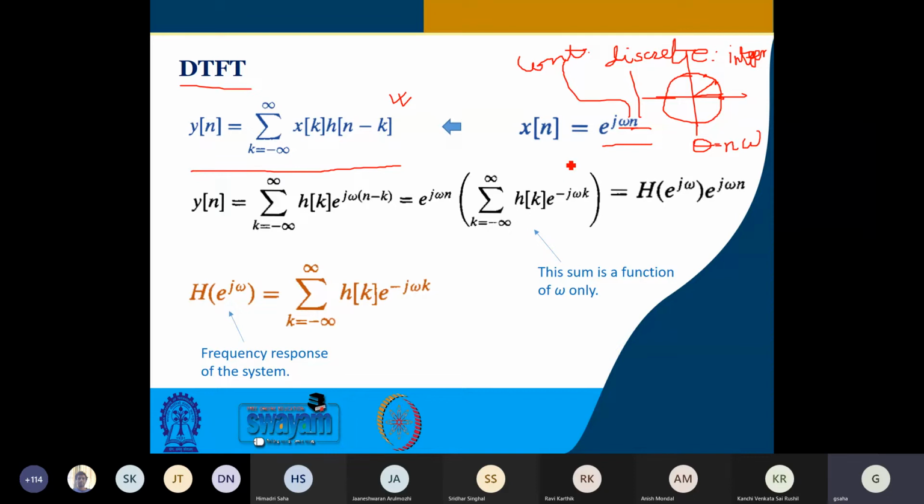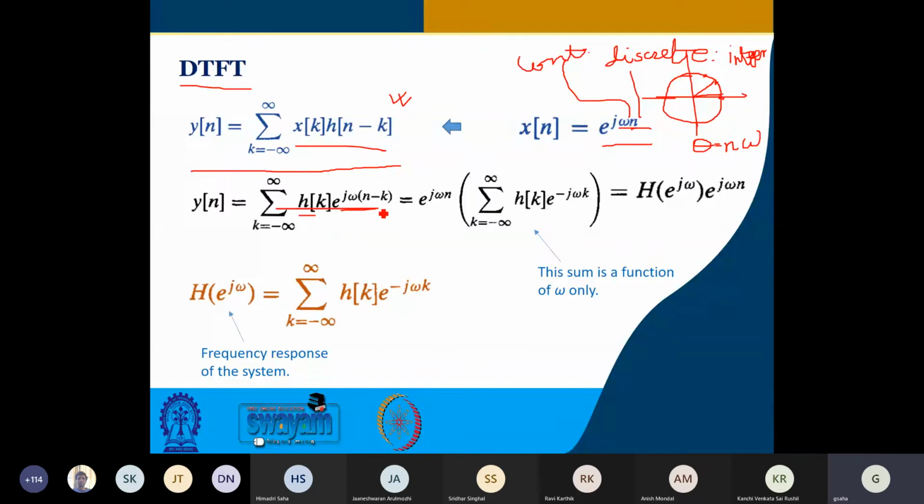Now, if this e to the power j omega n is given as input to the system, then we can substitute it as we have discussed in the convolution equation. You can exchange the order of convolution of hk and xn. So you can write this as hk, x of n minus k.